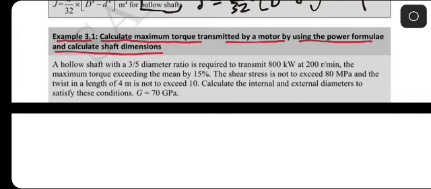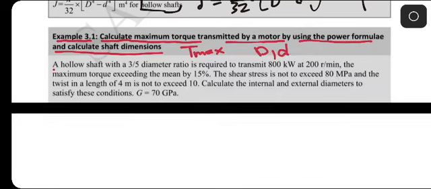So by the way, we want to calculate the torque transmitted, obviously the maximum torque, and the dimensions, whereby the diameters, we want them.